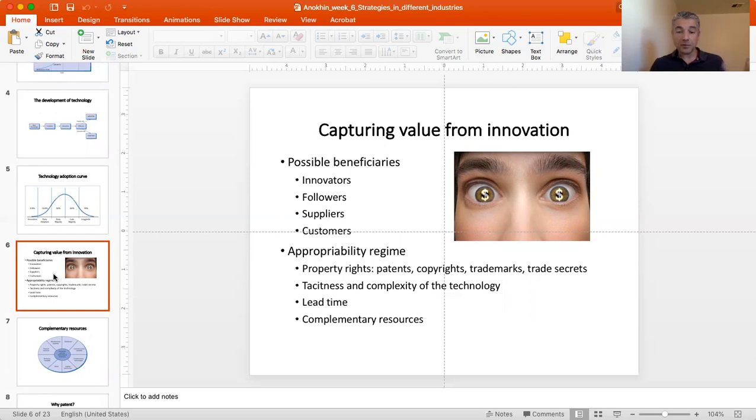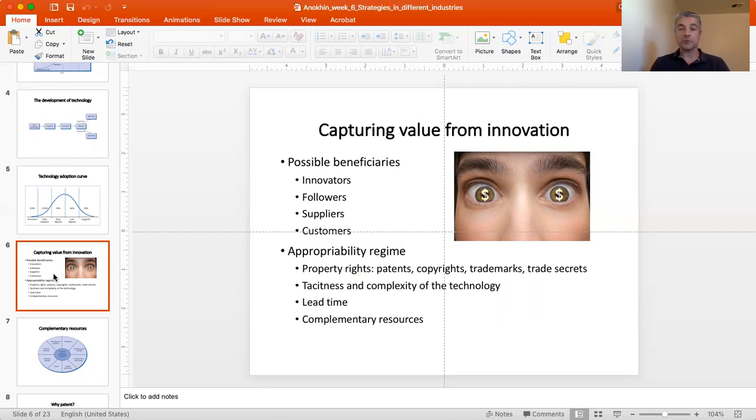Obviously, we are concerned primarily with innovators, as the ones who come up with those new technologies. What can they do to appropriate a portion of the benefits? And it turns out that a lot really depends on the appropriability regime in the industry.